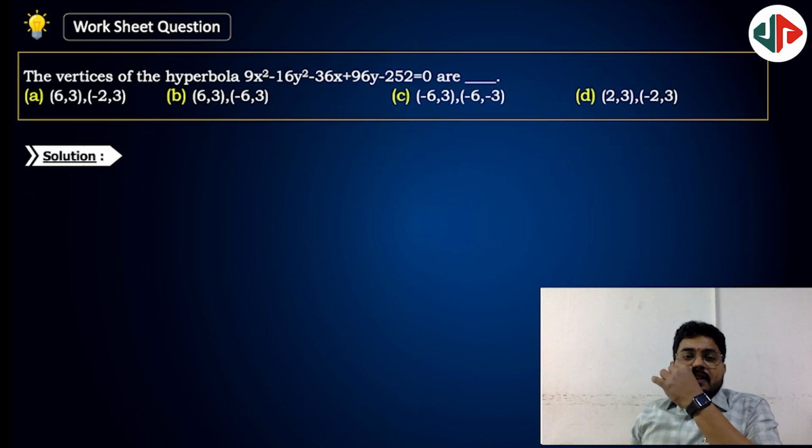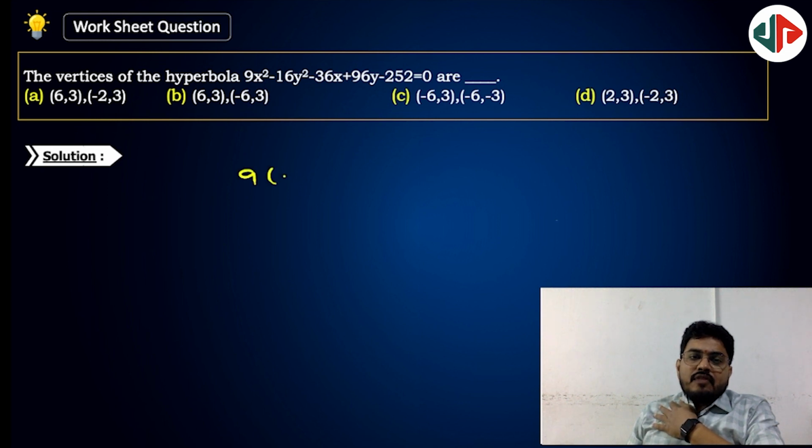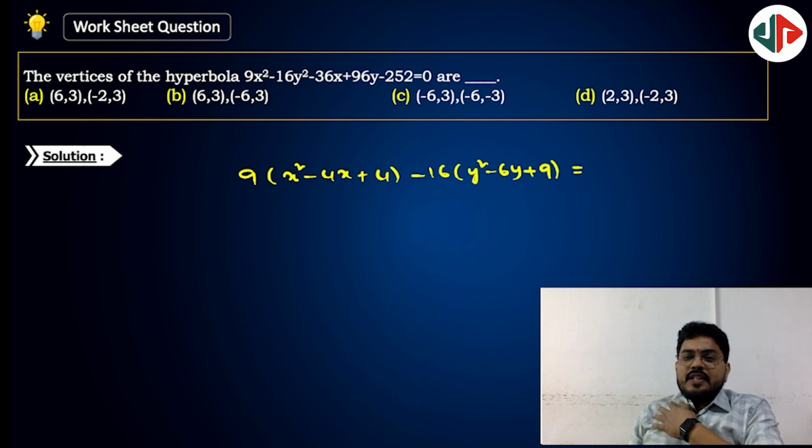The vertices of the hyperbola. So 9 times x square minus 4x plus 4, minus 16 you take common, y square minus 6y plus 9, which is equal to 252 comes this side plus 36, and here I am subtracting minus 140.